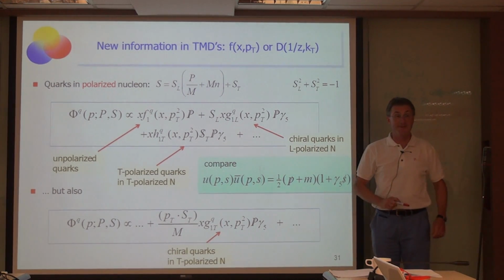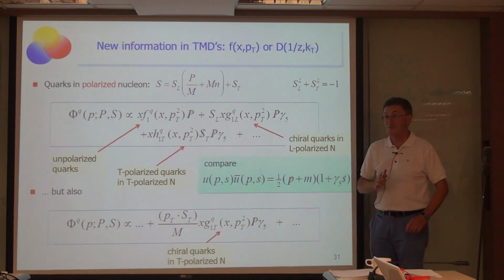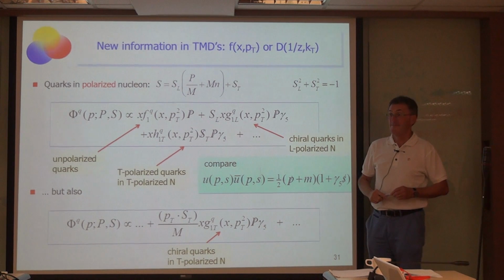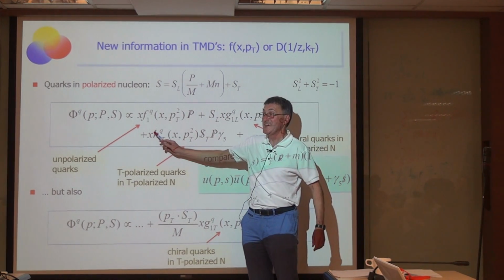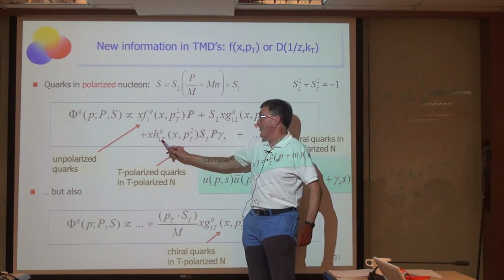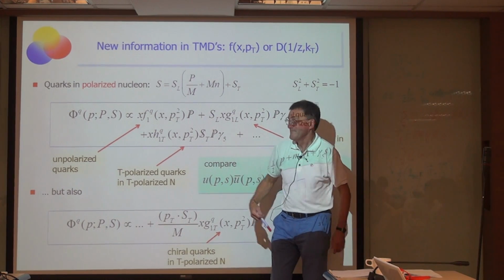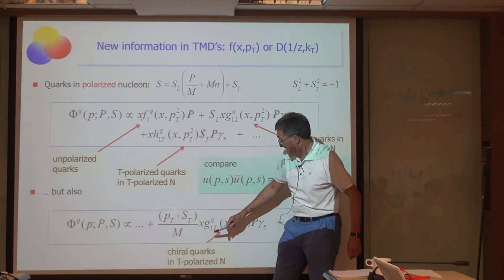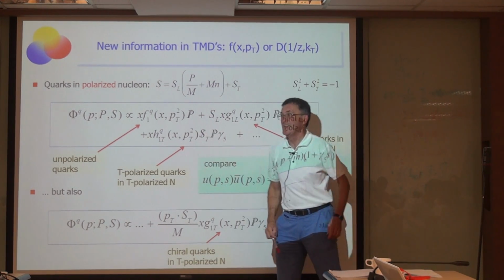So what would be the name of the function which represents transversely polarized quarks in a longitudinally polarized target? Now, transversely polarized quarks, there we used H as name, so it's H. It's called H1 because everything goes with this capital P, so it's leading. So it would be H1, but then in a longitudinally polarized target, so it would be H1L.